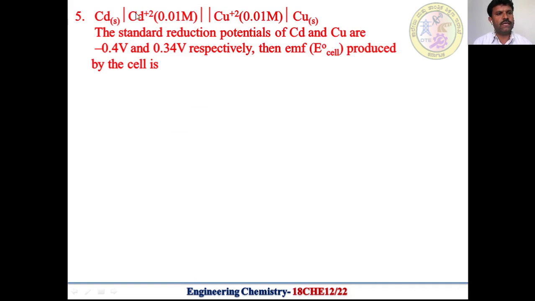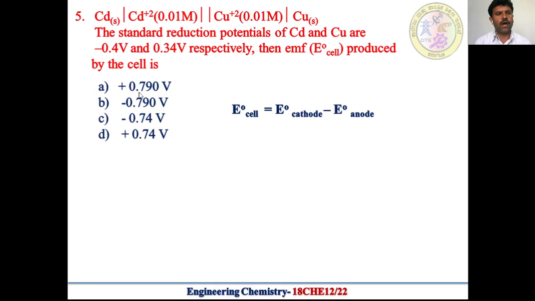Question number 5: Cd bar Cd2+ of 0.01 molar, salt bridge, Cu2+ of 0.01 molar bar Cu. The standard reduction potentials of Cd and Cu are minus 0.4 volt and 0.34 volt respectively. Then the standard EMF of the cell is: option A plus 0.790 volt, option B minus 0.790 volt, option C minus 0.74 volt, option D plus 0.74 volt.